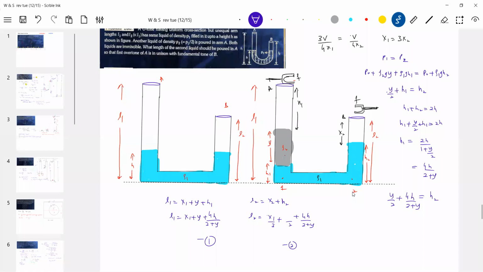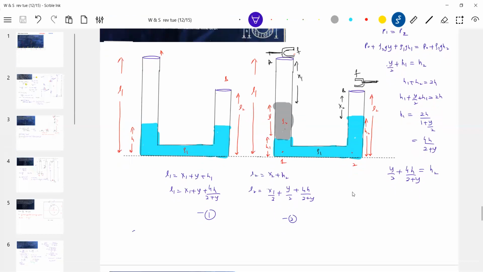No other method. Solving 1 and 2 will get an expression for y. Let me do it.